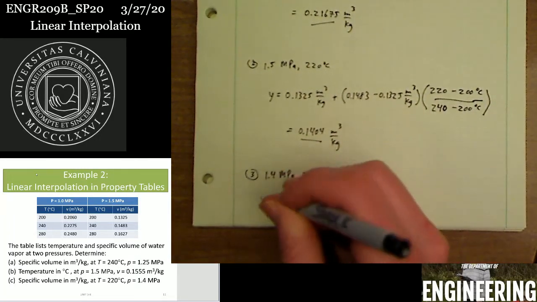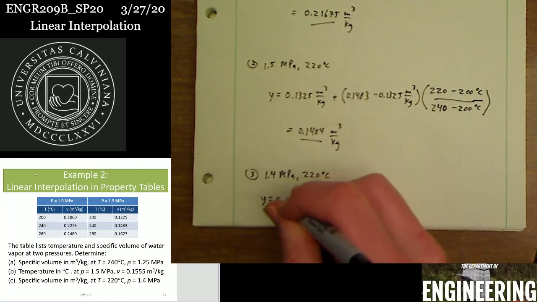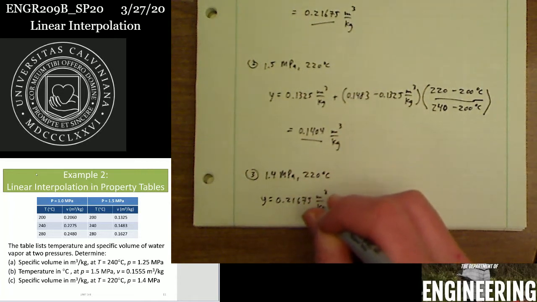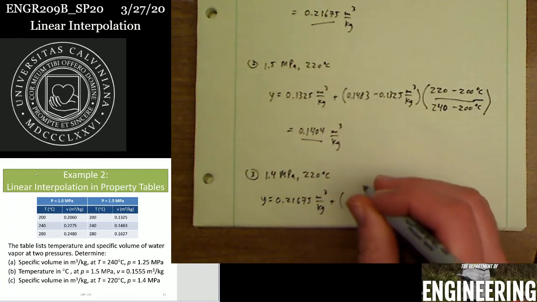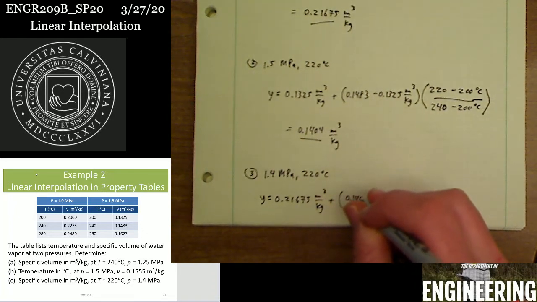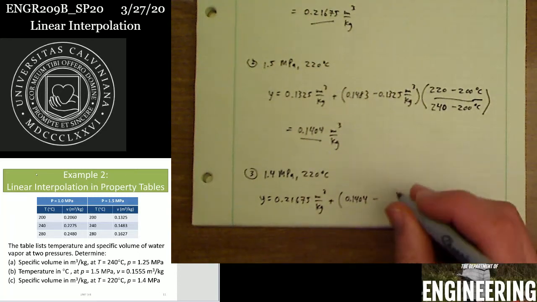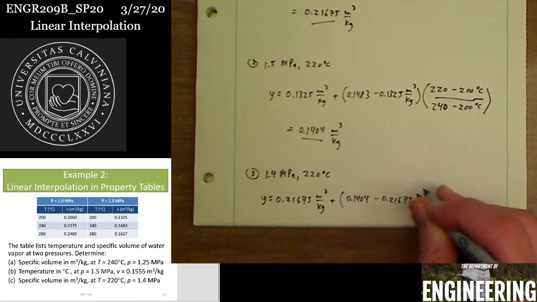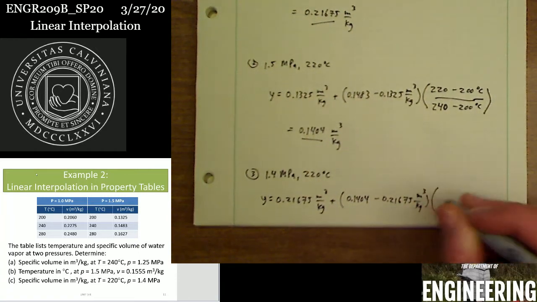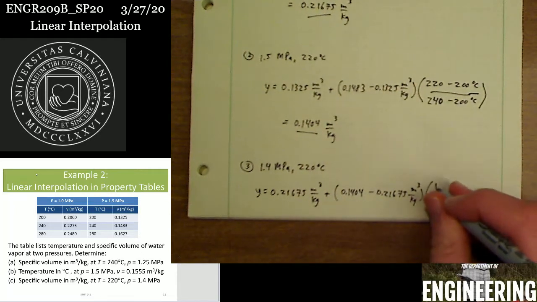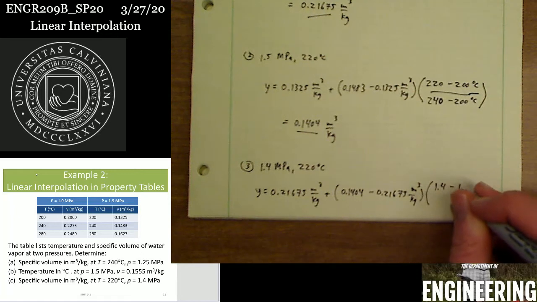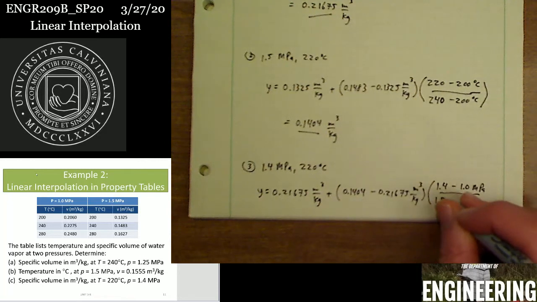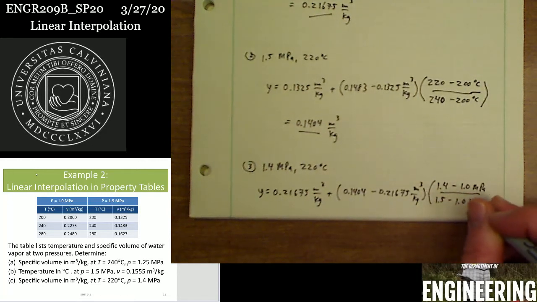So we have y is equal to 0.21675 meters cubed per kilogram plus 0.1404 minus 0.21675 meters cubed per kilogram times our pressure of interest, 1.4 megapascals minus 1.0 megapascals, divided by 1.5 minus 1.0 megapascals.